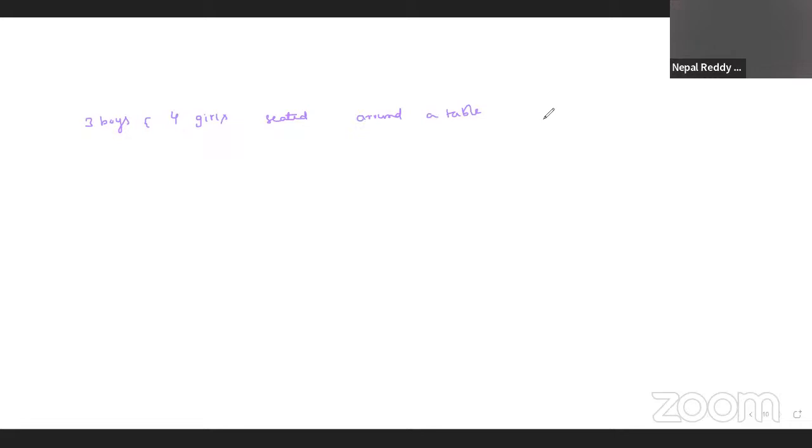The condition is no 2 boys sit together. This is the question.